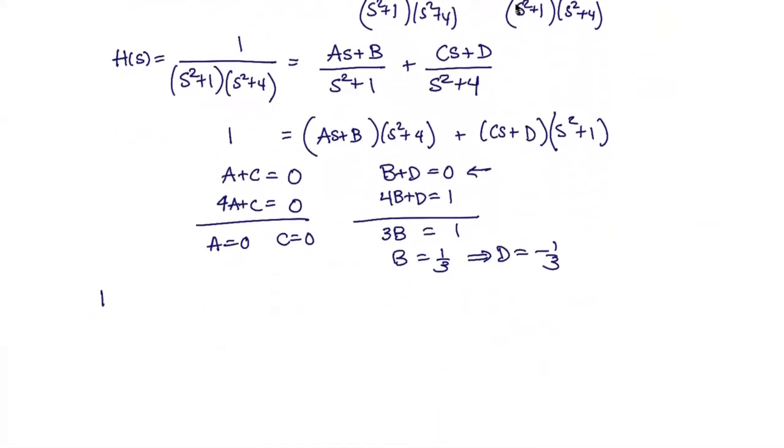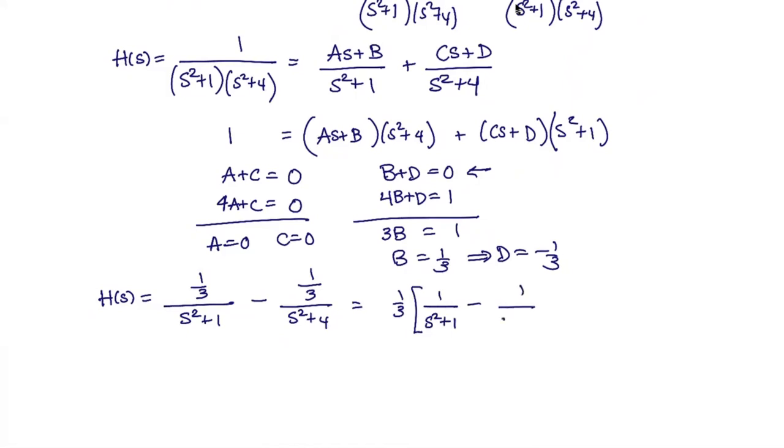And so my h of s can now be broken up into 1/3 all over s squared plus 1 minus 1/3 all over s squared plus 4. And go ahead and extract the 1/3 so that we get 1 over s squared plus 1 minus 1 all over s squared plus 4.